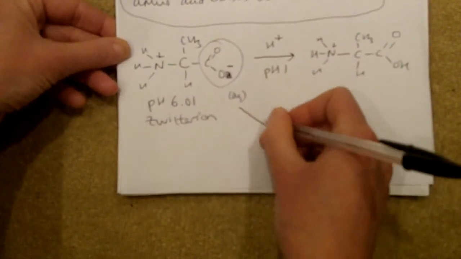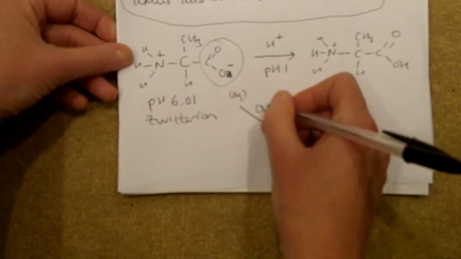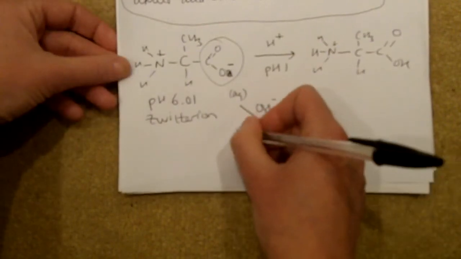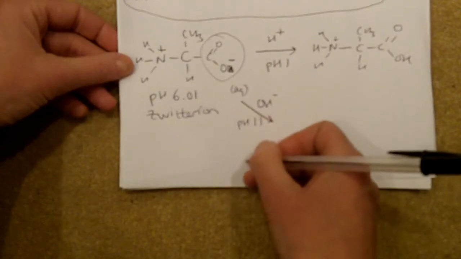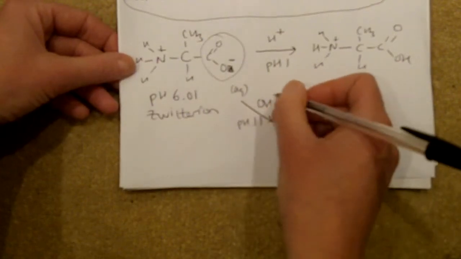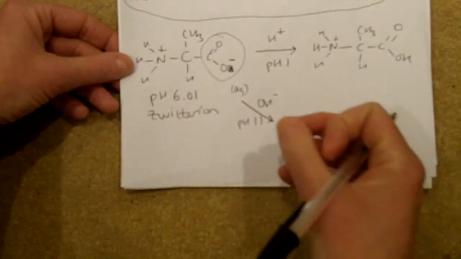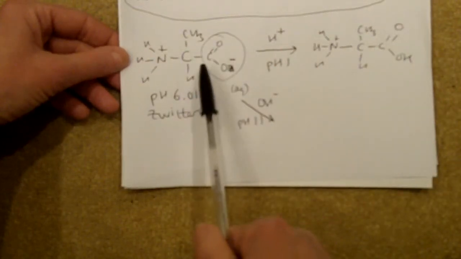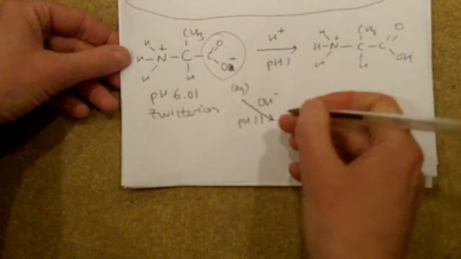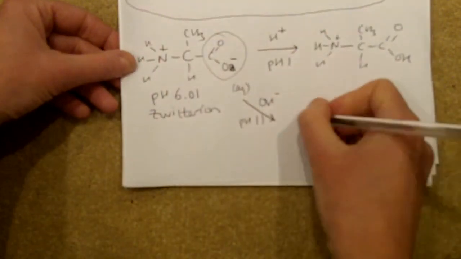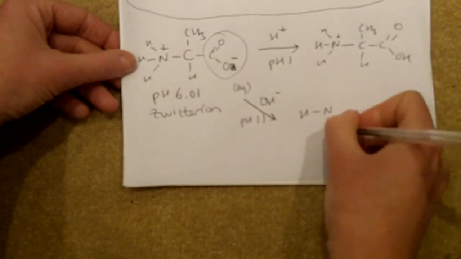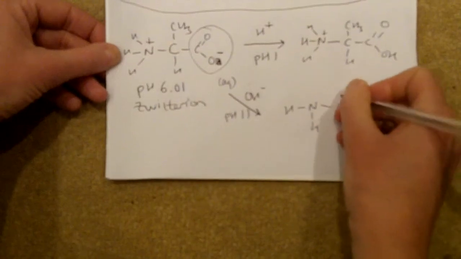If we put this amino acid into an alkaline solution, like pH 11 for example, then the alkali will suck out all the H pluses. So the form of this amino acid in alkali, it'll take off all the H pluses to form water. So that will lose its H plus.